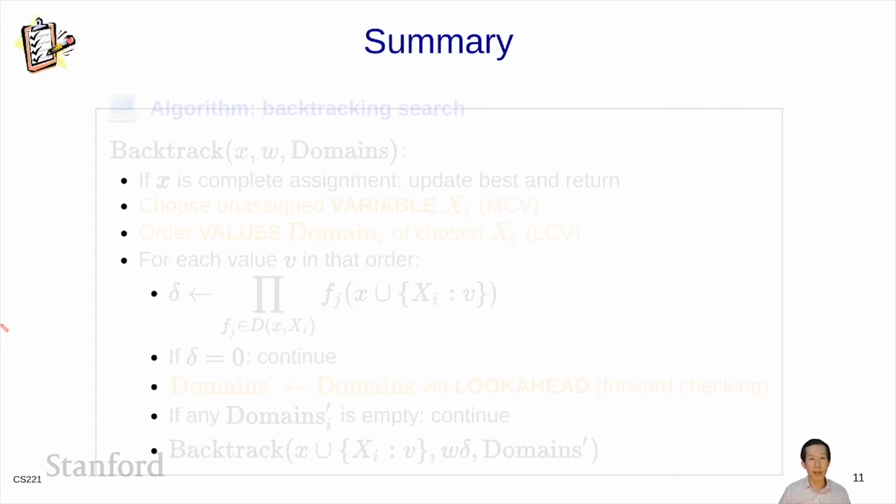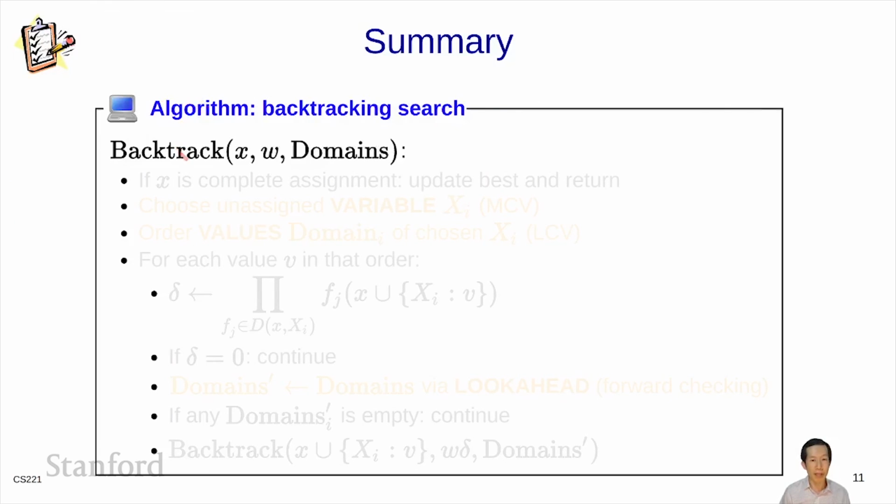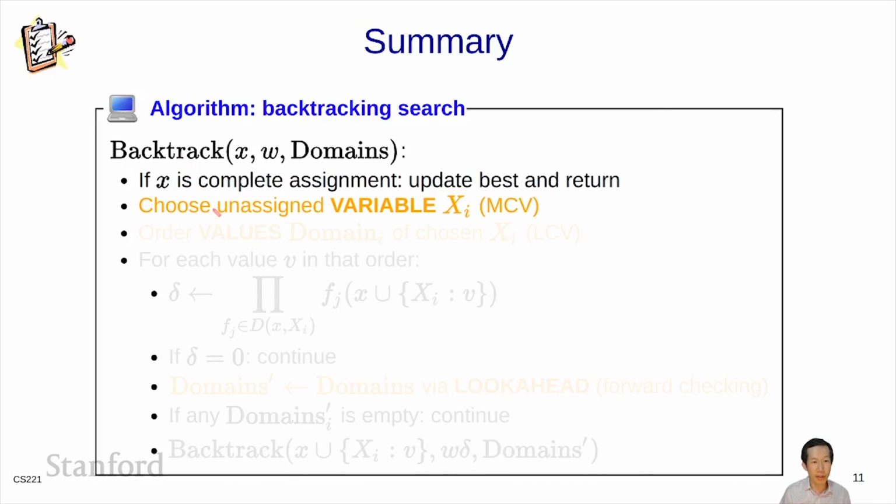Okay, so let's conclude here. So we presented backtracking search. Backtracking search has 3 choice points. First, we need to choose an unassigned variable, Xi. This is done by using most constrained variable, MCV. Once we've found a variable to assign, we're going to order the values of that unassigned variable based on the LCV heuristic, or least constrained value.